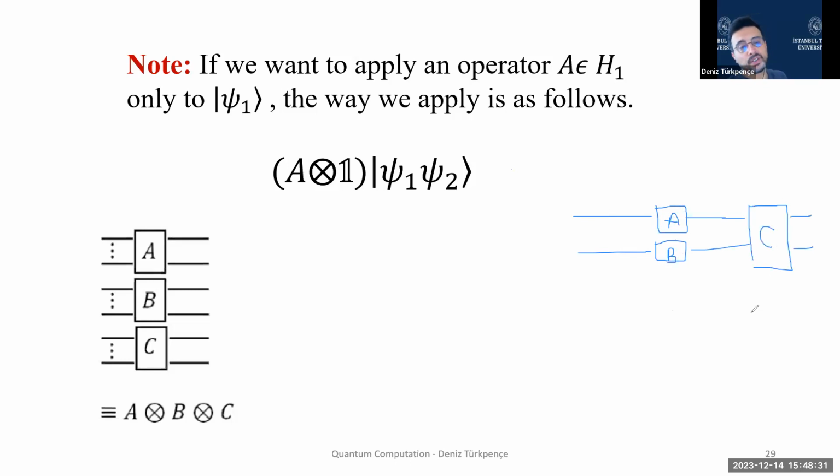So the C operation can be acting on the two qubits at the same time. We will call them two-qubit gates or multi-qubit gates. Up to now, we have just seen single-qubit operations. But the way to represent these circuits is to tensor product all these gates. So these A, B, C operations acting on these qubits are represented by the tensor product of these gates.